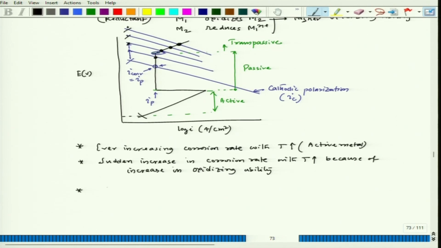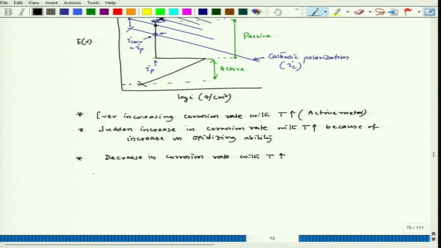So, there could be a third instance where we can get a decrease in corrosion rate with increase in temperature. That instance is observed if we consider iron in seawater or fresh water.